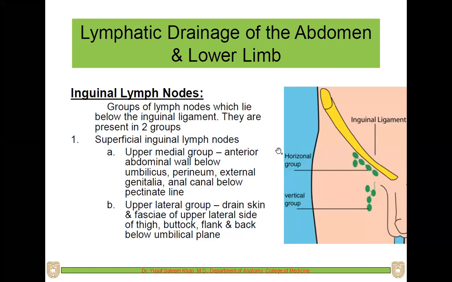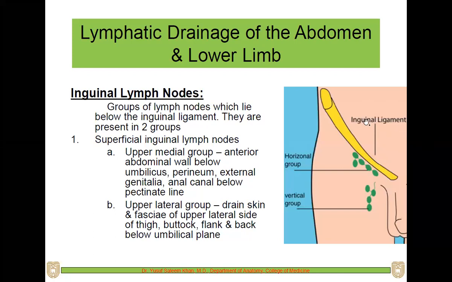So if you see the superficial inguinal group of lymph nodes here, just below the inguinal ligament, there will be an upper medial group as well as the upper lateral group. Upper medial, so this is the upper and this is the lower. So in the upper medial there is this one, and the lateral will be away from the center. So the upper medial group will drain the anterior abdominal wall below the umbilicus.